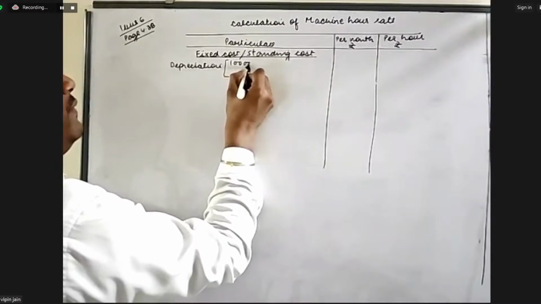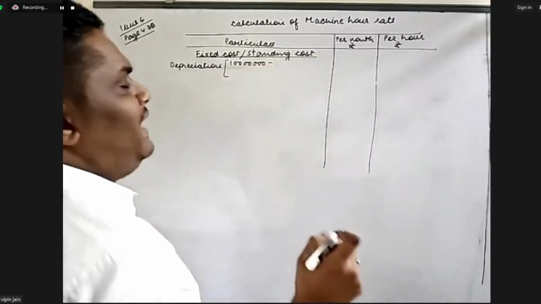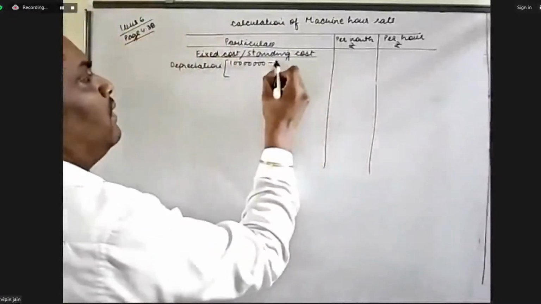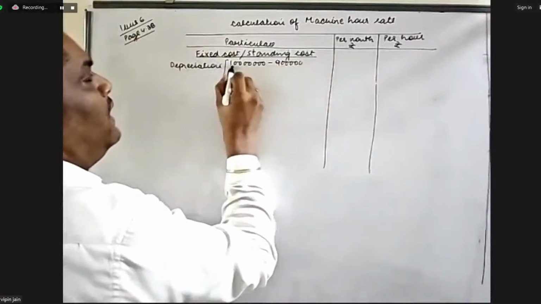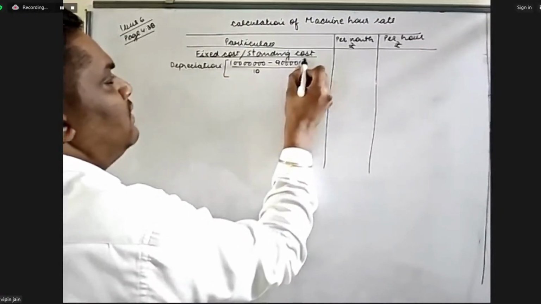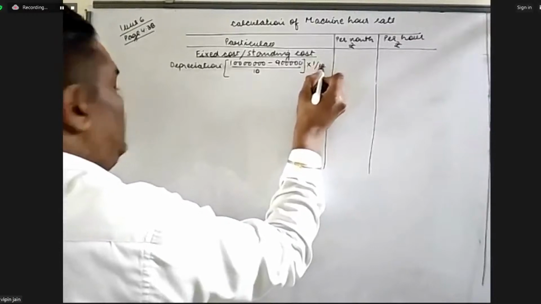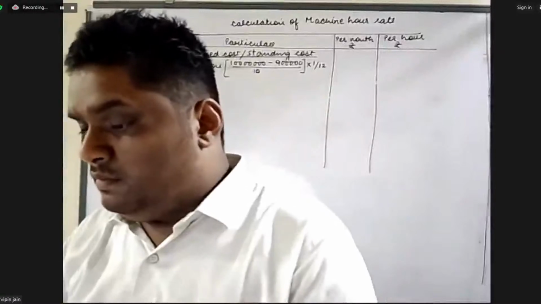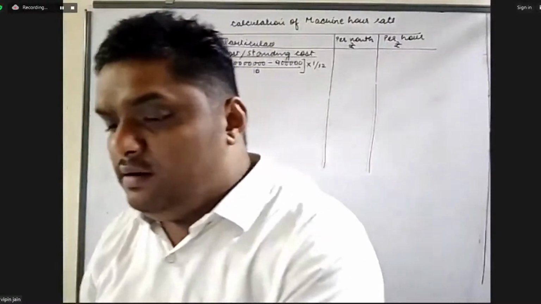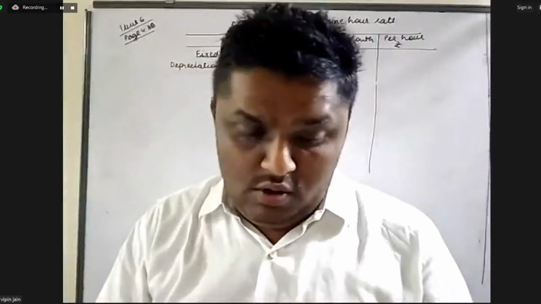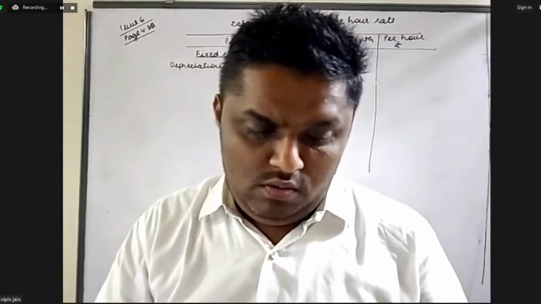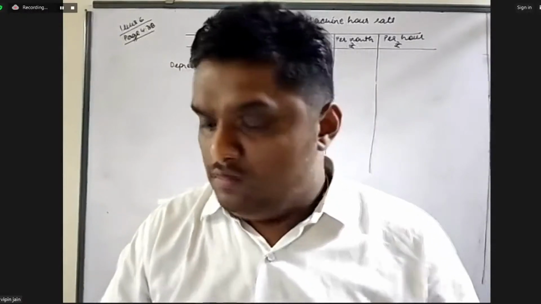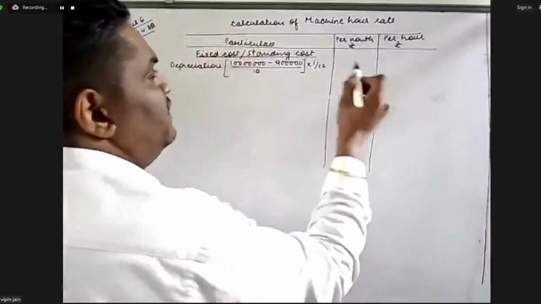So 1 crore is the cost of machine minus the scrap value of 9 lakh, divided by useful life of 10 years into 1/12. We'll get the cost per month, 75,833.